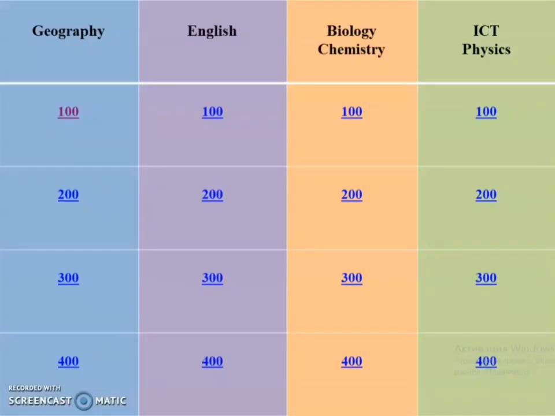So students, here you see geography, English, biology, chemistry, ICT, physics tasks. They are hidden under these squares. So you'll choose one square. For example, 100 for geography.